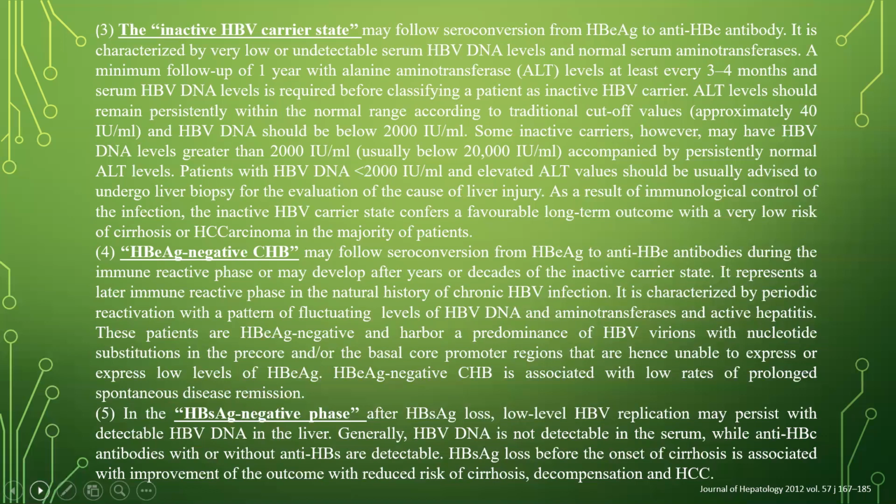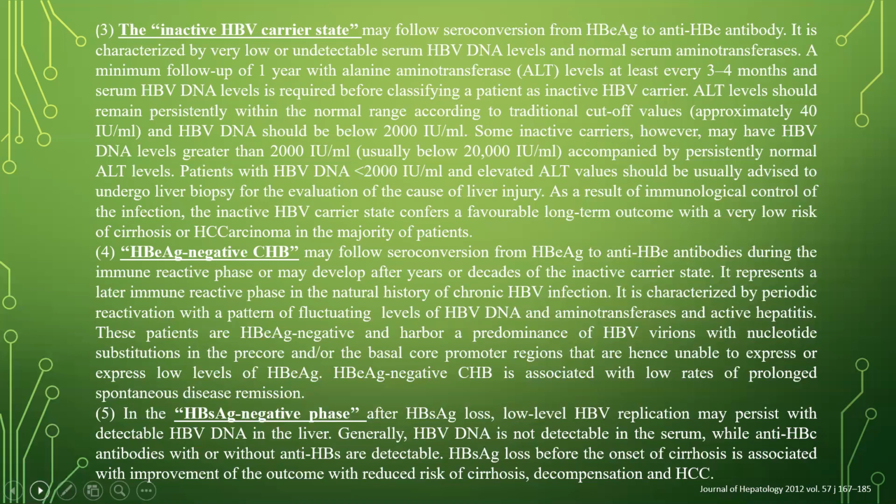These patients are HBe antigen negative and harbor a predominance of HBV variants with nucleotide substitutions in the precore and basal core promoter regions, which are hence unable to express, or express low levels of, HBe antigen. HBe negative chronic hepatitis B is associated with low rates of prolonged spontaneous disease remission.